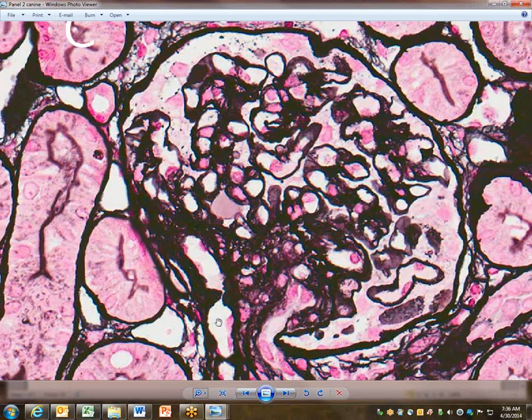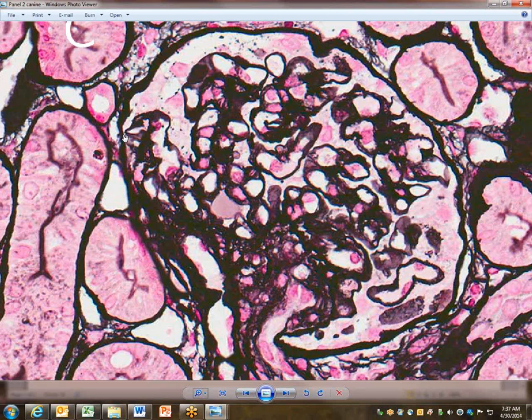Here we have the vascular pole. I realize the question was sent to me and maybe not everybody can see it. The question is, is this right here a synechia?